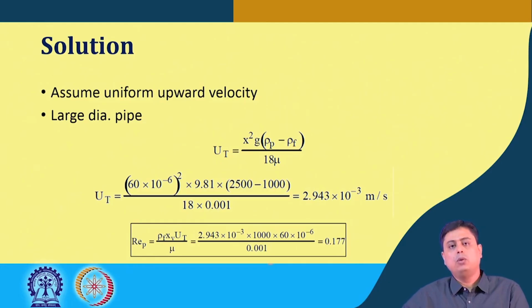I hope all the concepts related to terminal velocity, drag force, and Stokes law are now clear for a single particle. This actually serves as the fundamentals to multiple particle settling, which we will cover in detail in another section of this course.